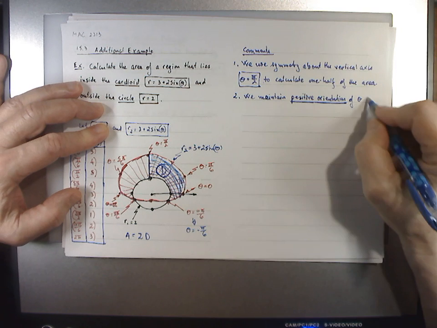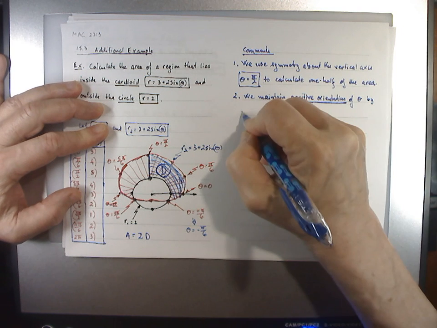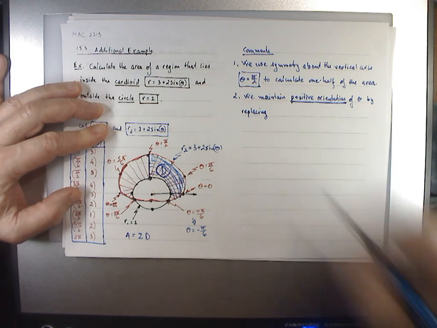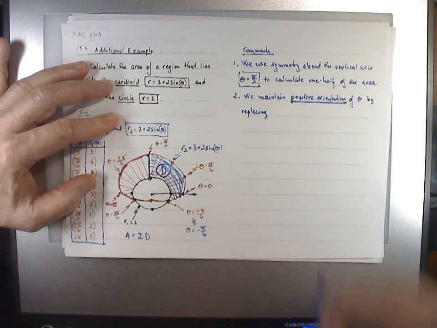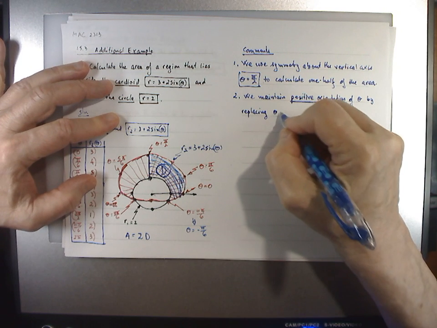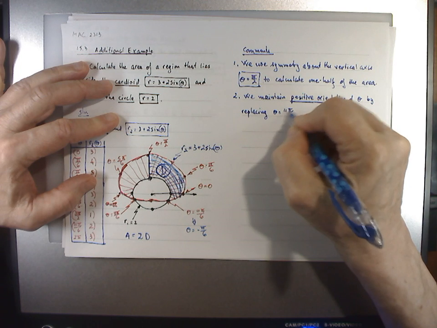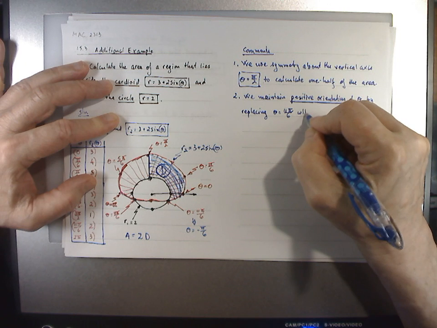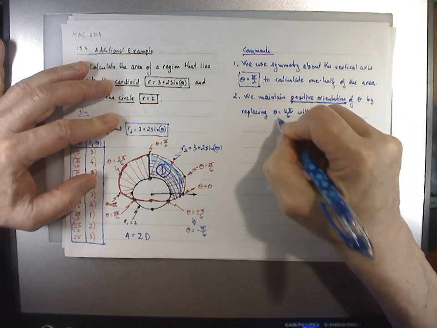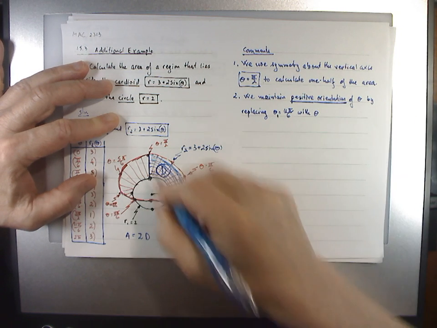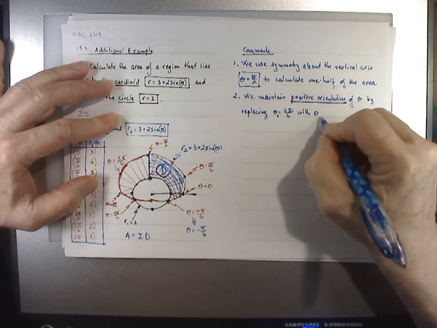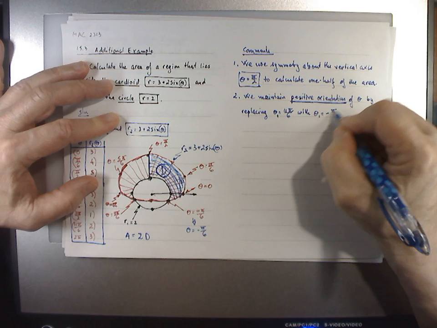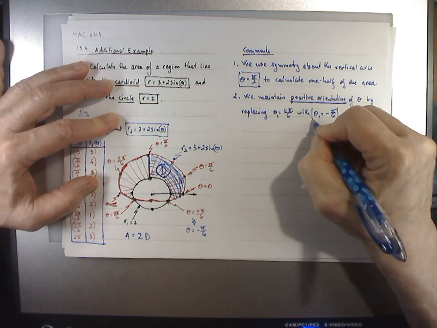By replacing theta equals 11 pi over 6 with theta, and this is theta 1, we're going to go from theta 1 to theta 2, with theta 1 equals negative pi over 6. Let's box it.